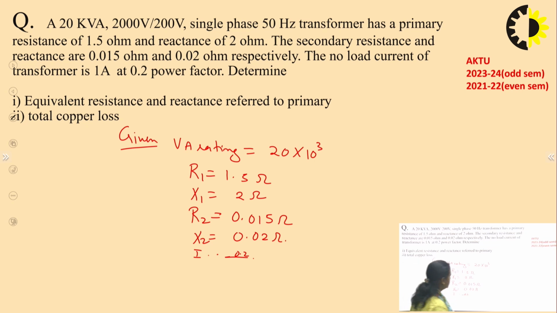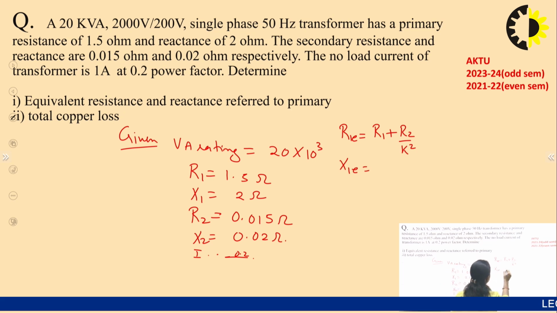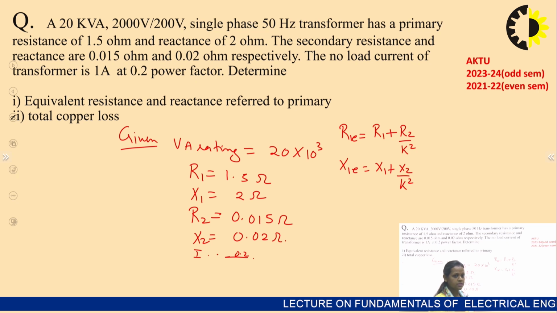So referred to primary means you have to find R1E, and R1E is equal to R1 plus R2 by K square, right? So resistance and reactance, how will you find? X1E is equal to X1 plus X2 by K square. This R2 by K square is the secondary resistance which you have transferred to the primary side. So this value will be divided by K square.